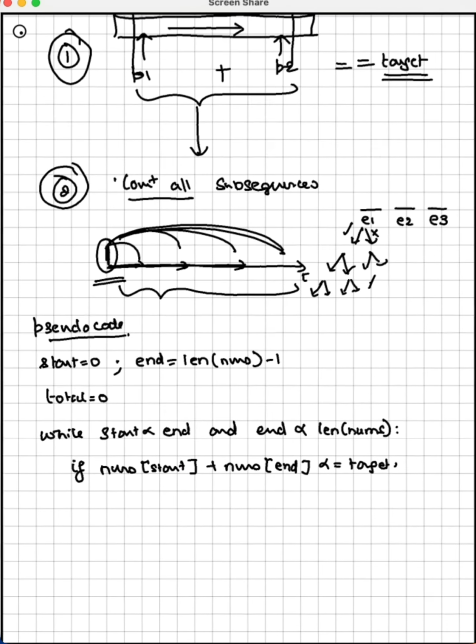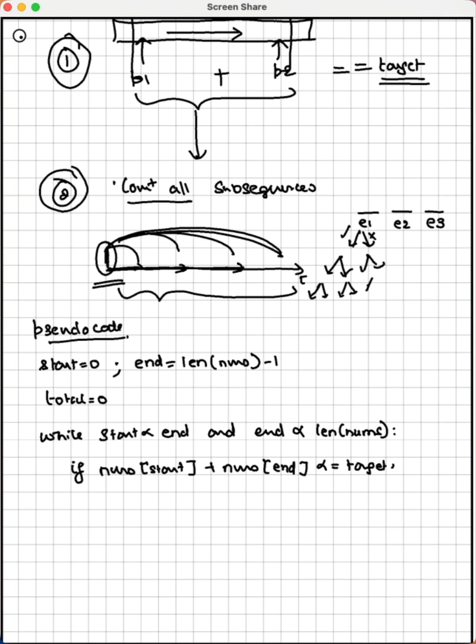These give me all of the possible variations, or the subsequences. But in this case, since I'm keeping the first one constant, if I have 3 elements, I'm going to count all of the variations only for the second 2.